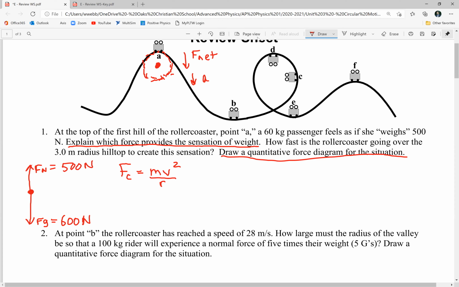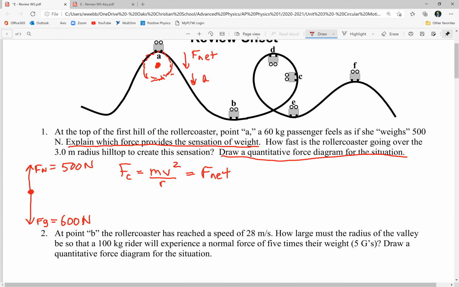Now, what else do we know about centripetal force for objects moving in a circle? That it is also a net force. Yeah. So that is also the net force. Well, can we figure out the net force from what we know already? Yes.